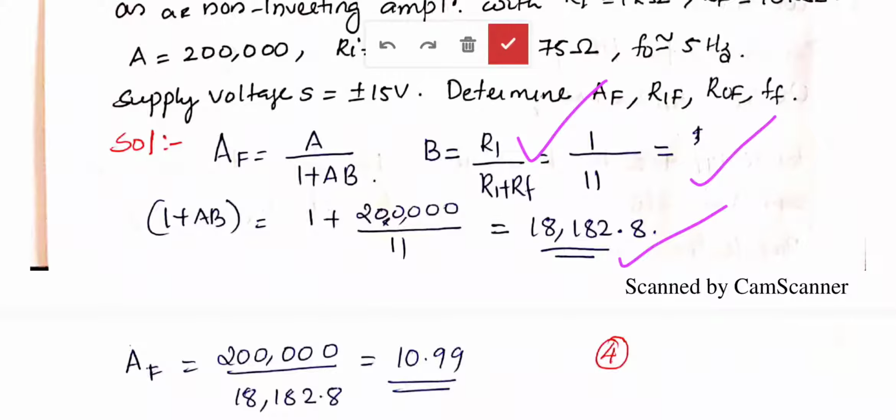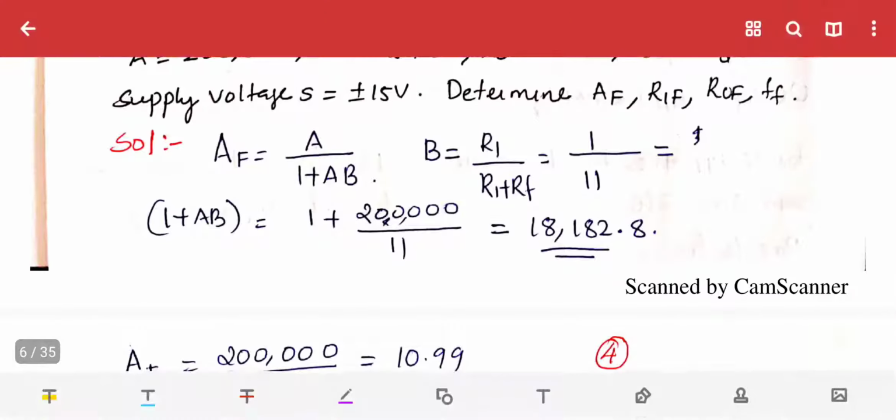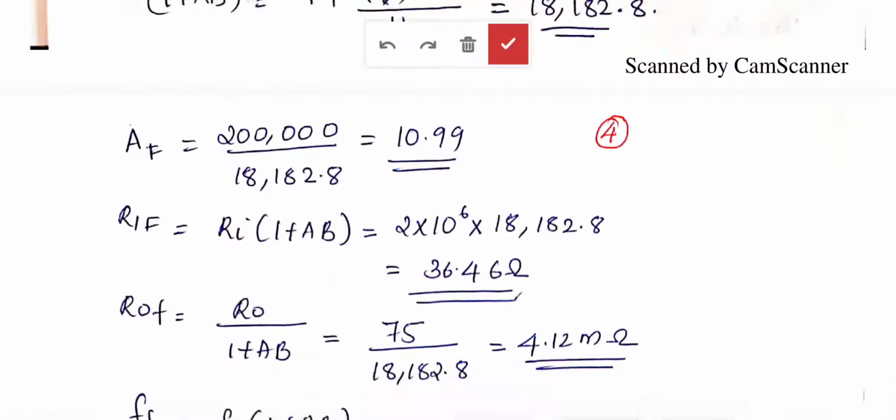So the closed loop voltage gain AF is equal to A by 1 plus A beta, that is 2 lakh divided by 18,182. So you are getting 10.99. So the open loop gain was 2 lakhs and the closed loop gain is 10.99. So the closed loop gain reduces by a factor of 1 plus A beta.